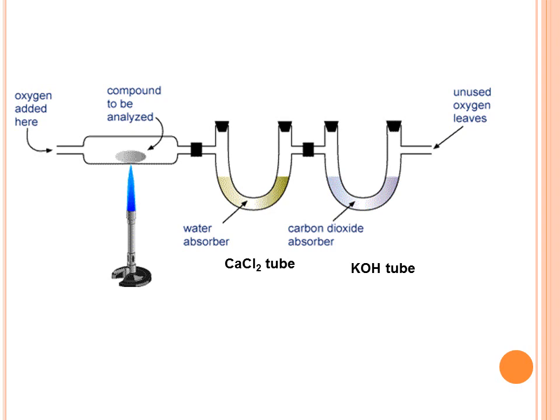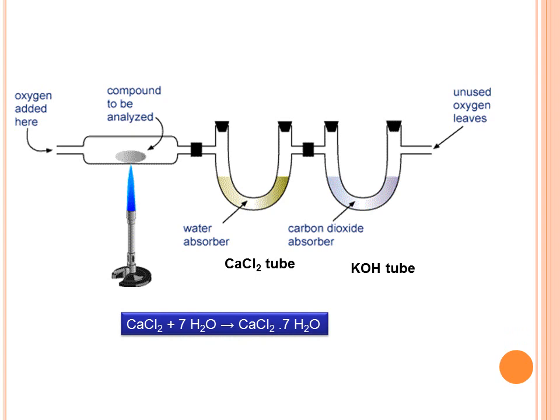Before the experiment we have to take the weight of the CaCl2 U tube, and the weight of the KOH U tube. Whatever increase in their weight is nothing but the weight of H2O and the weight of CO2. So CaCl2 plus 7H2O will give us CaCl2·7H2O, and KOH will absorb the CO2, so it will convert in terms of K2CO3 plus H2O.